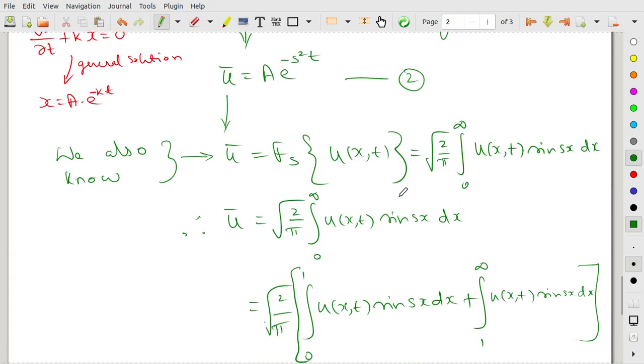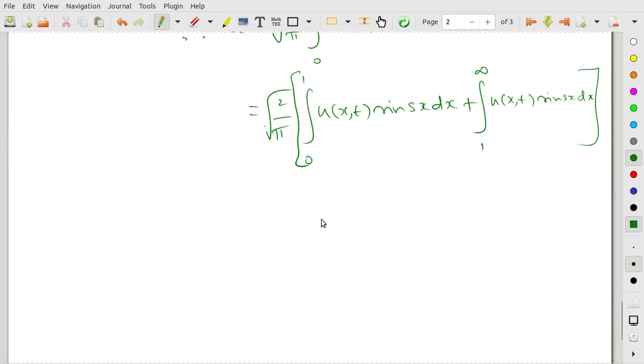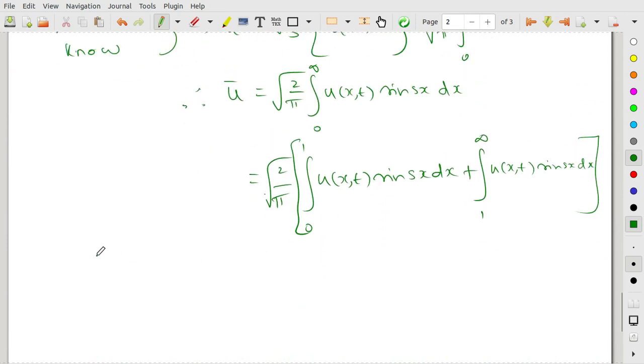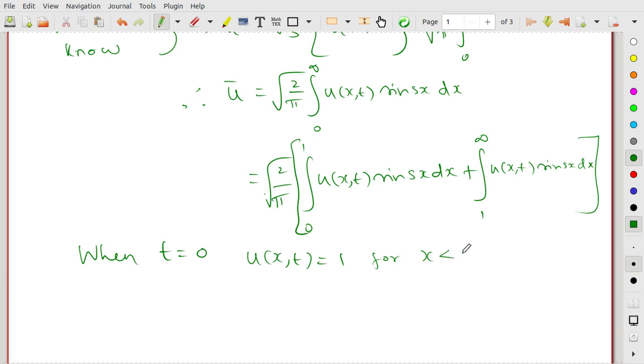So when t equals 0, u of x comma t equals 1 for x less than 1, and u of x comma 0 equals 0 for x greater than or equal to 1.